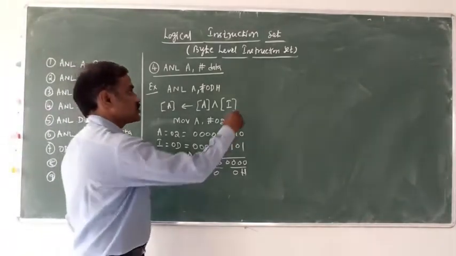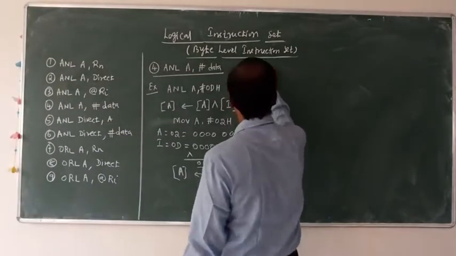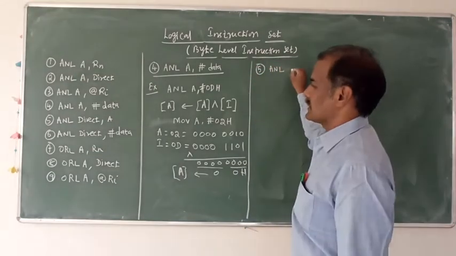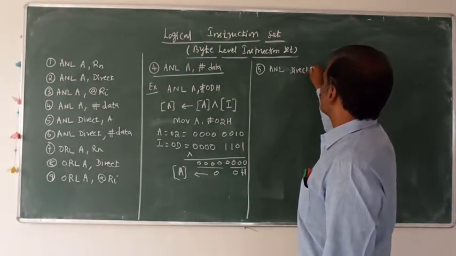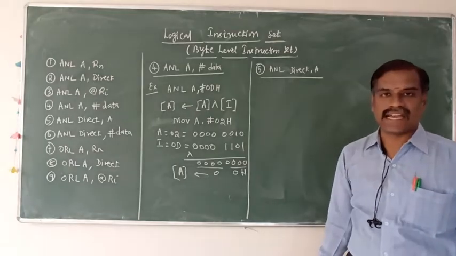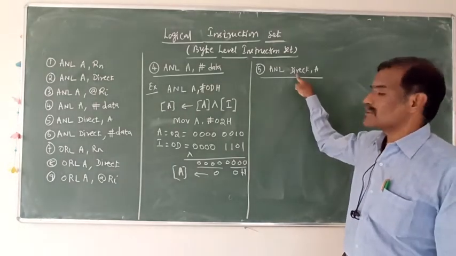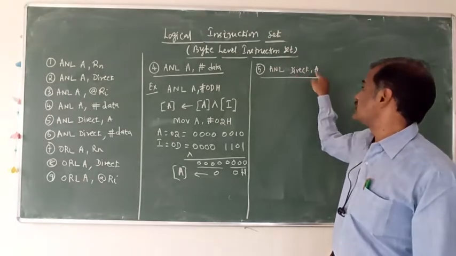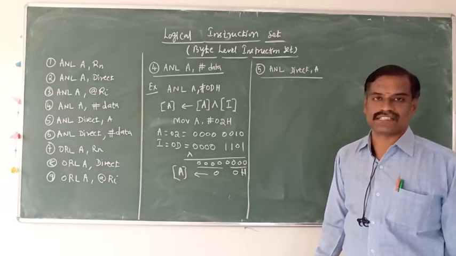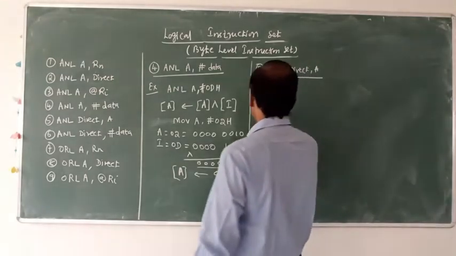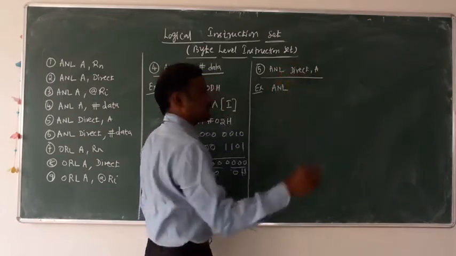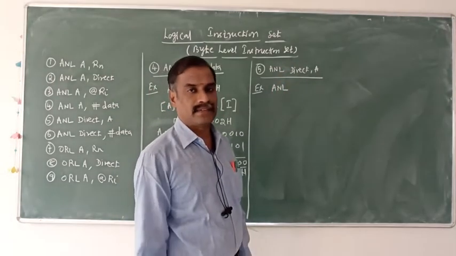Next, the fifth: ANL direct, comma, A. This is also logically AND of direct memory address location data with the accumulator, and the result always moves to the A register itself. Example: ANL, here the direct memory address location means the address is 8-bit.